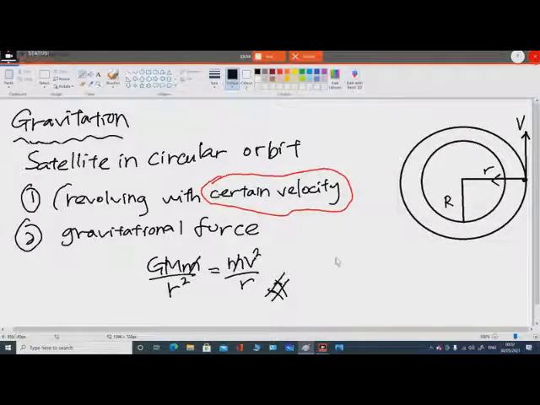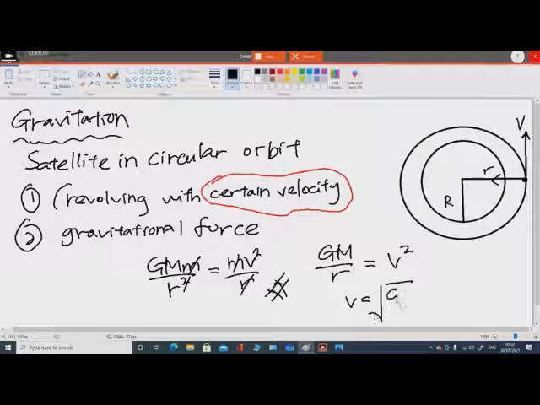So this one will be cancelled, and this one will be our R. So this one will be GM over R, which is v square. Okay, so v is actually the square root of GM over R.